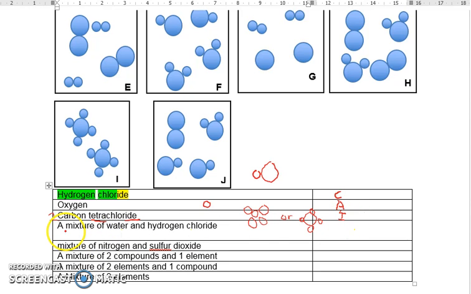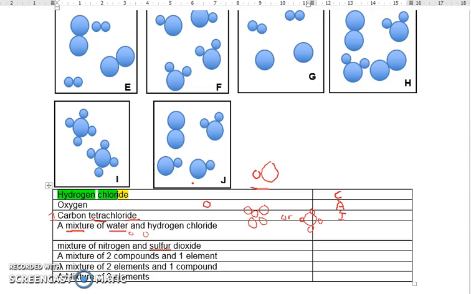Now for the next one, we are looking at a mixture. It means we are looking at things that are not chemically combined. And we realize that water has the characteristic Mickey Mouse shape, that is a compound. And hydrogen chloride is what we have drawn earlier, which is this one.